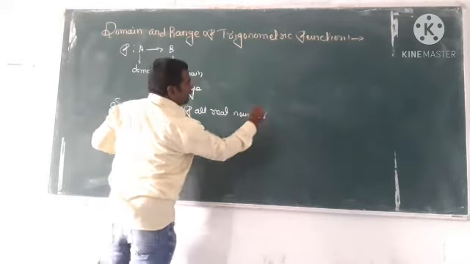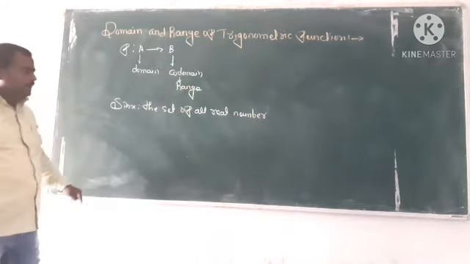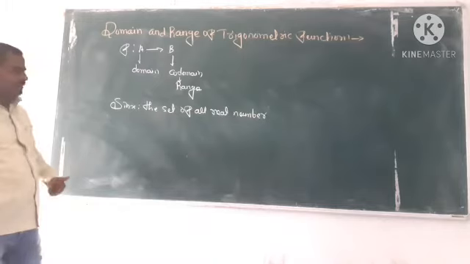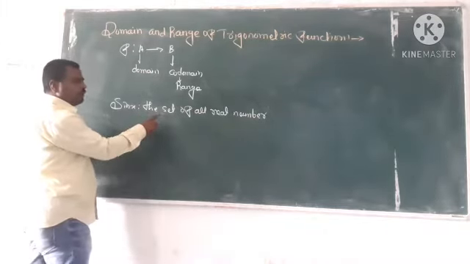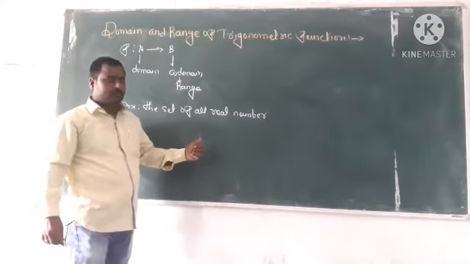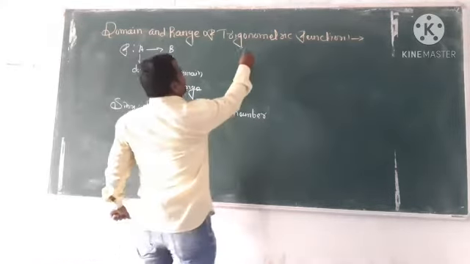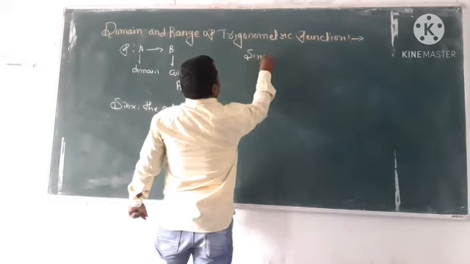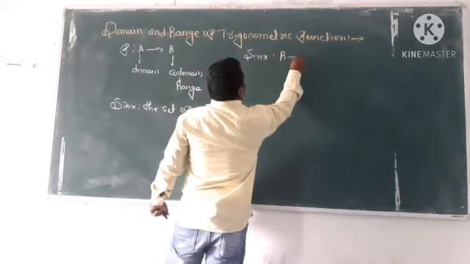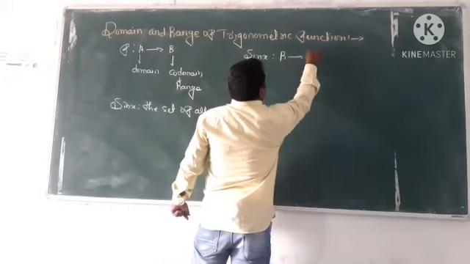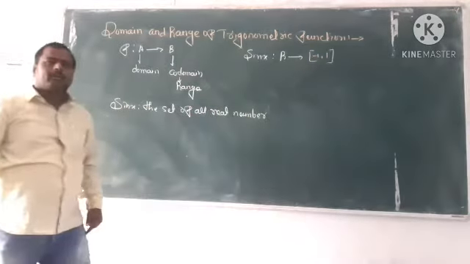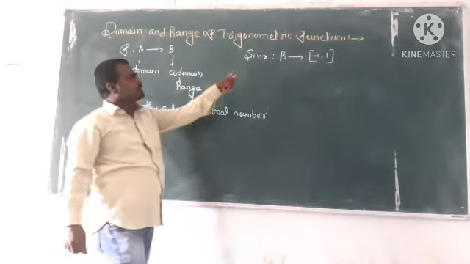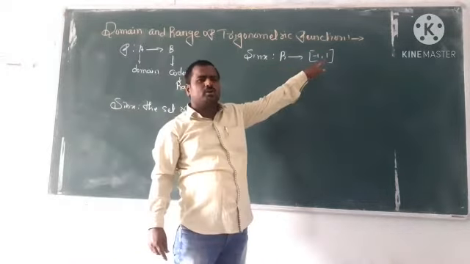Next, what about the codomain? We express for this function the set of all real numbers, where for sin x the range is -1 to 1. Clear? The sin x function maps R to -1 to 1.